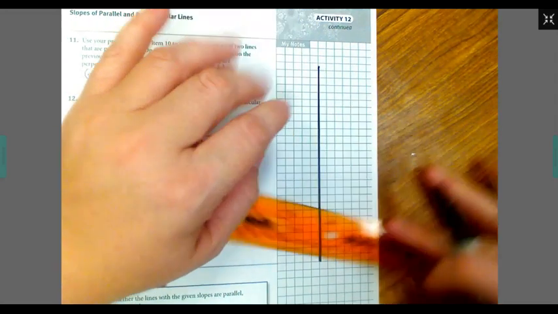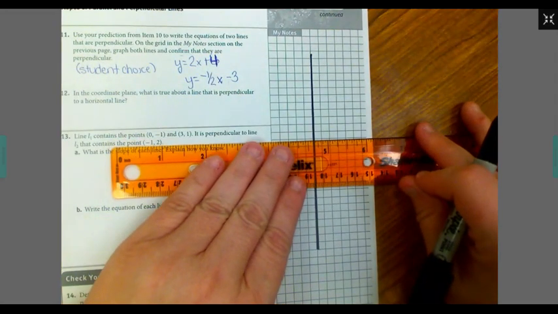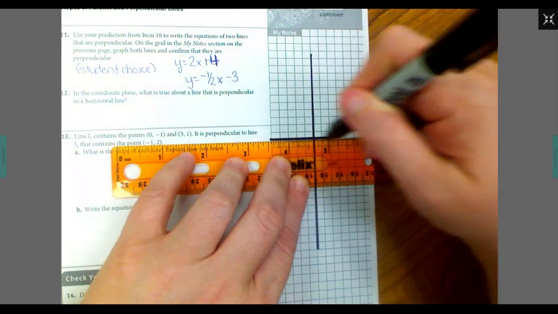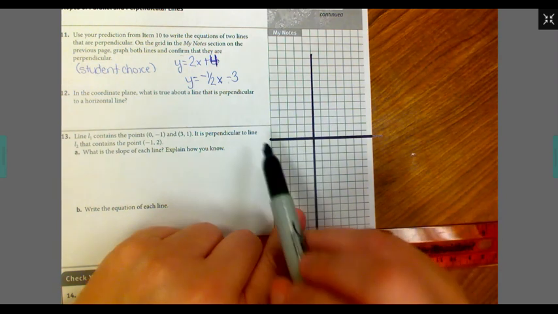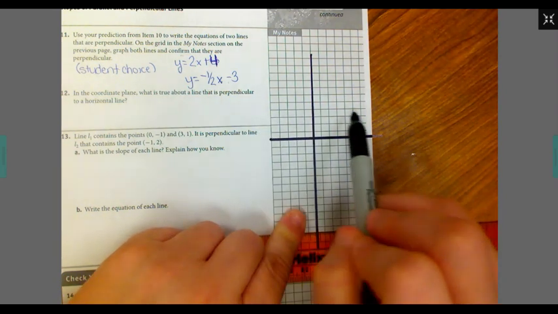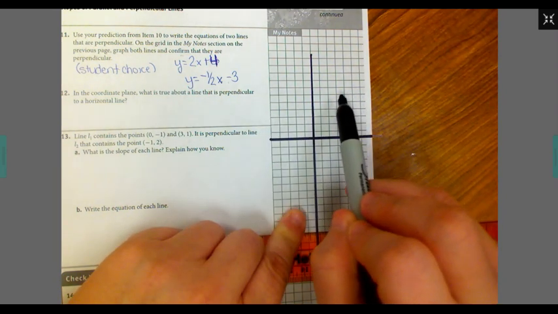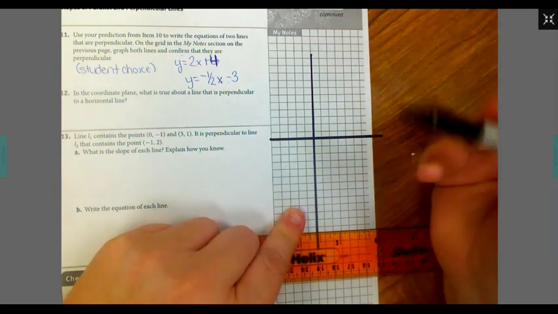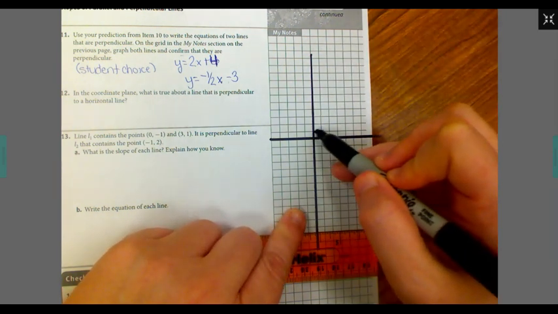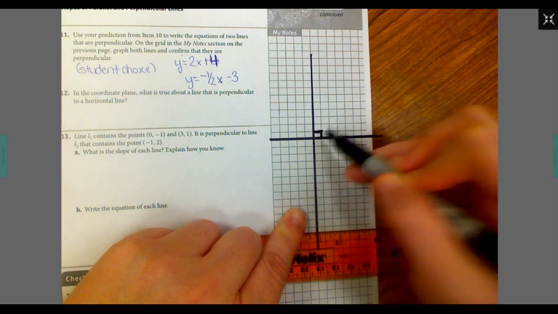I'm going to create myself an axis over here in the My Notes section so it doesn't get so messy. I want to know what kind of lines are perpendicular to horizontal, which are going across. Vertical. They go straight up and down. Notice that all of these are right angles.